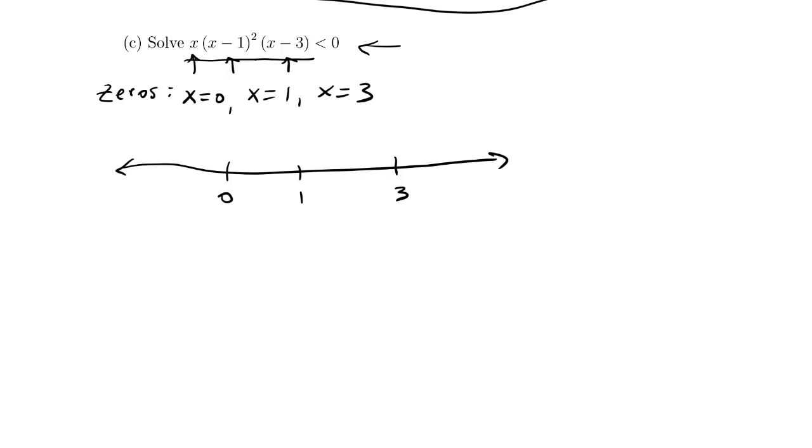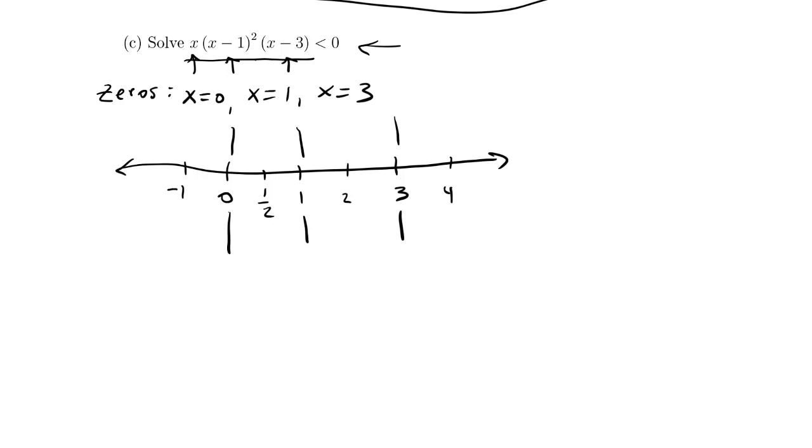So that's where I'm going to break the number line. And then I'm going to get some test points. Let me have a negative 1 over there, 1/2 in there, 2 in there, and 4 over there. Okay, so now I have 4 different regions, and I'm going to have to take each one of those test points and put them in.